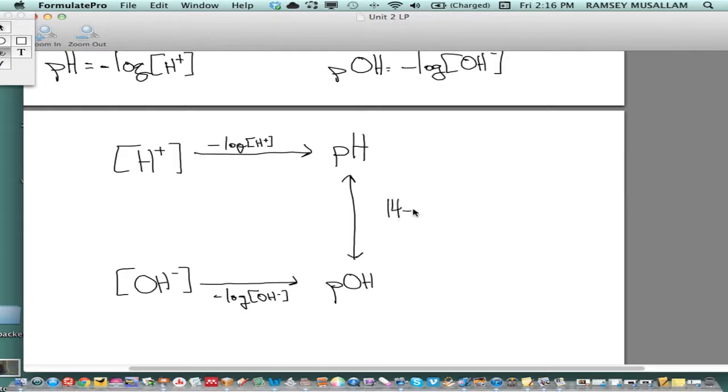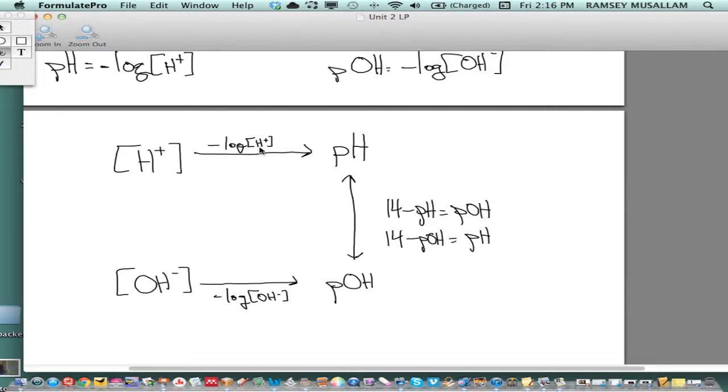So 14 minus the pH equals the pOH, and 14 minus the pOH equals the pH. So pH of 6, what is the pOH? 8. pH of 7, what's the pOH? pH of 1, what's the pOH? pOH of 1, what's the pH? 13. We're just jumping back and forth.